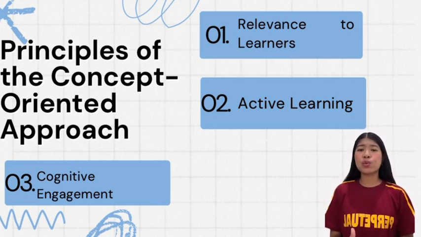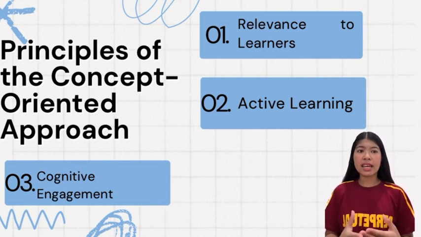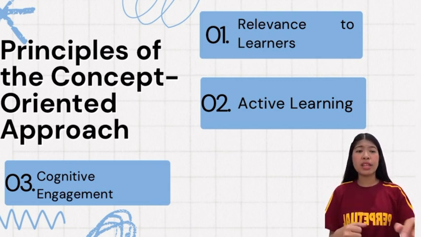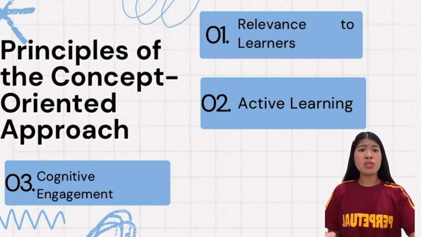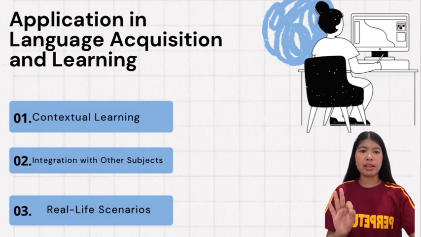For example, a student might explore how a particular verb tense can change the meaning of a sentence in a discussion about time management. So again, we have the three principles: relevance to learners, active learning, and cognitive engagement.